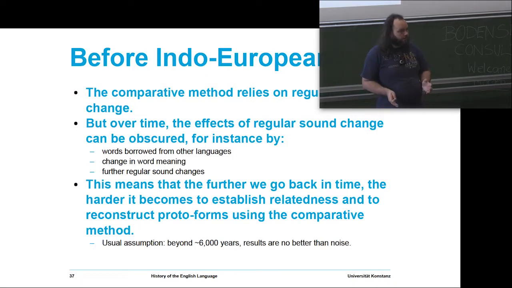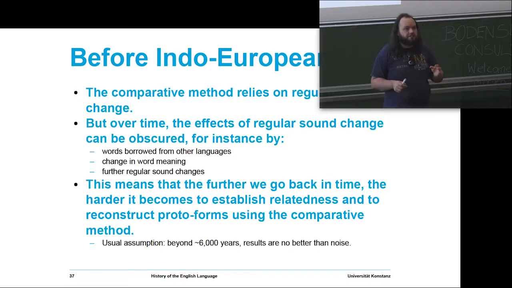So we saw earlier on that, for instance, English tide is cognate with German Zeit. So the tide, which is something that the sea does, it goes out and it goes in, and a Zeit, which is a time, those words are cognate, but there has been a semantic change in at least one of English and German.